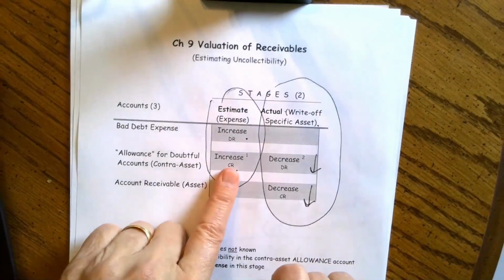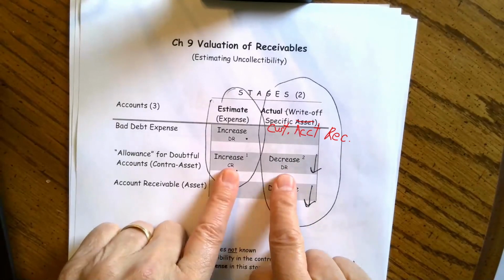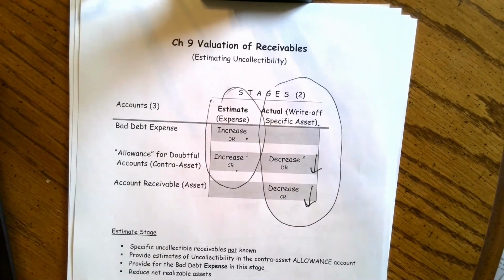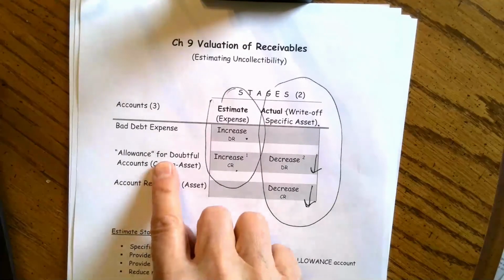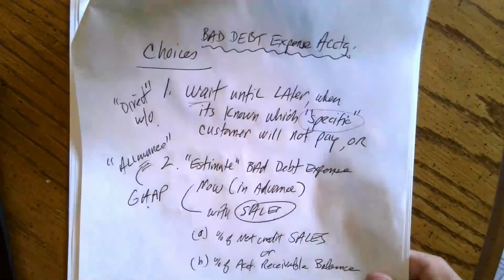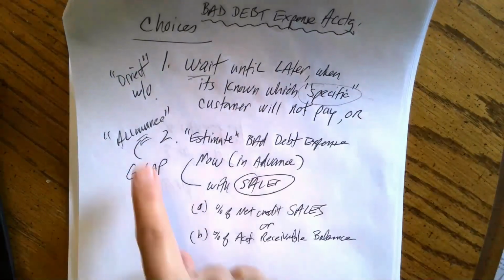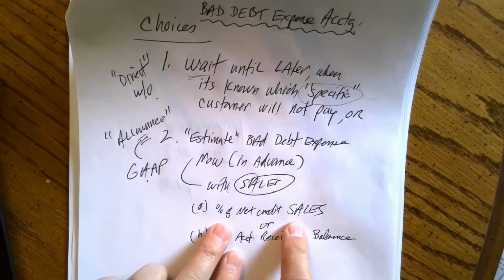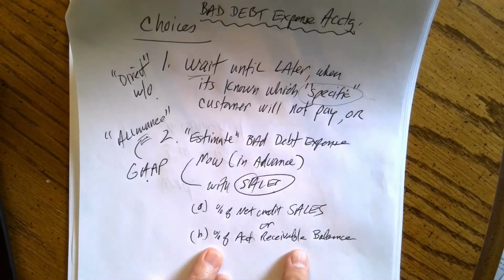You put that balance there to use it later in an actual write-off. So in summary, in using the allowance method, which is GAAP, either the percent of sales, simple method, or the percent of account receivable balance.